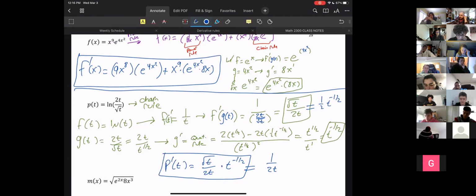Another question was about leaving it as 1 over 2t over the square root of t. You do want to simplify that, because that's a compound fraction, and we don't want compound fractions.